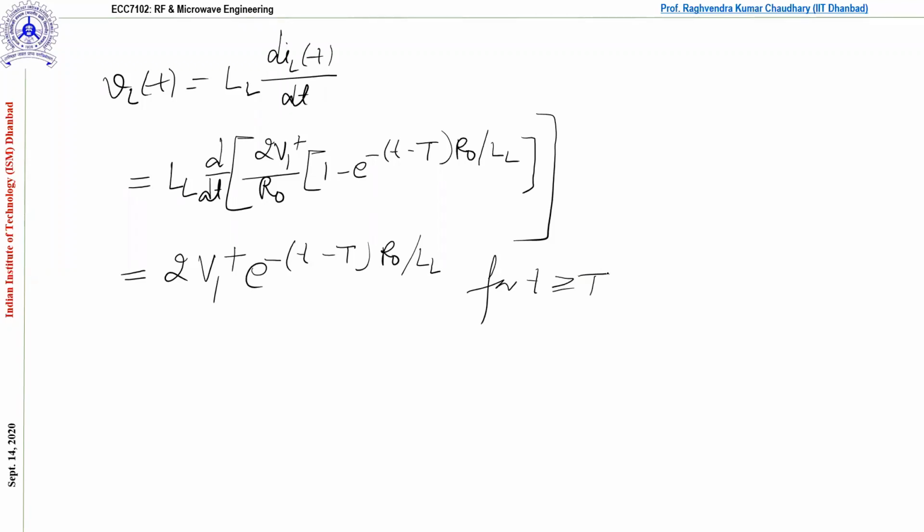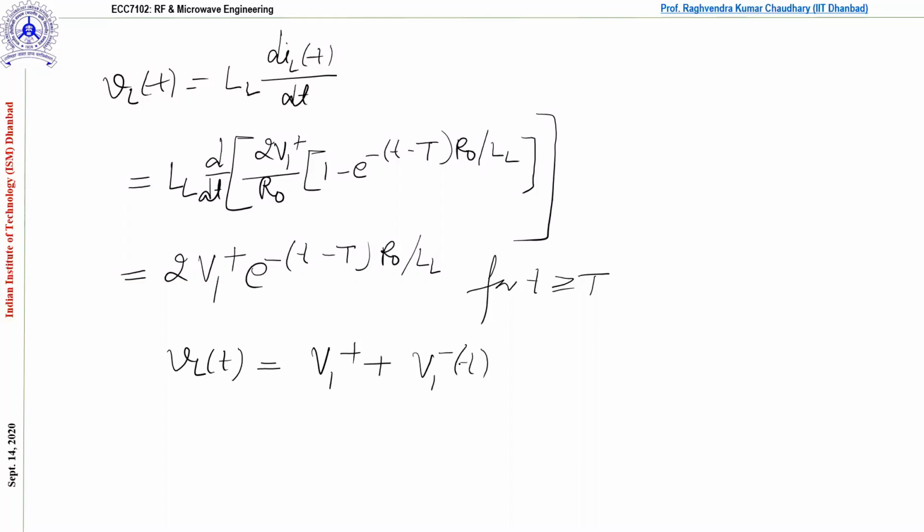Finally we can write the expression for the reflected wave. Yes, definitely, because we have all the things here, and we already have the relation that VL as a function of time is equal to V1 plus plus V1 minus.